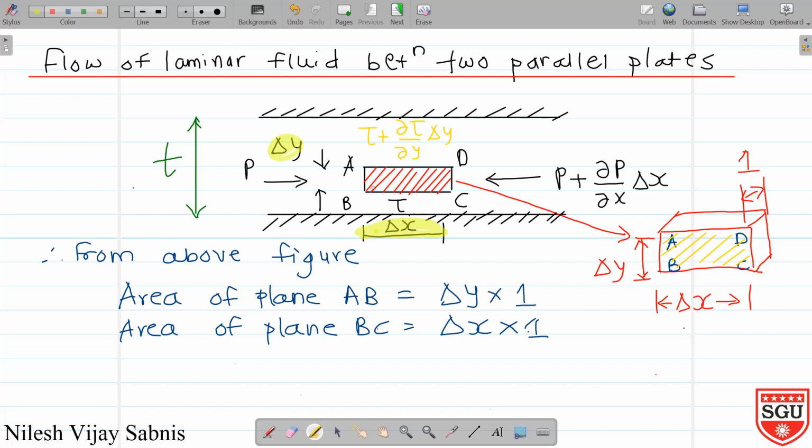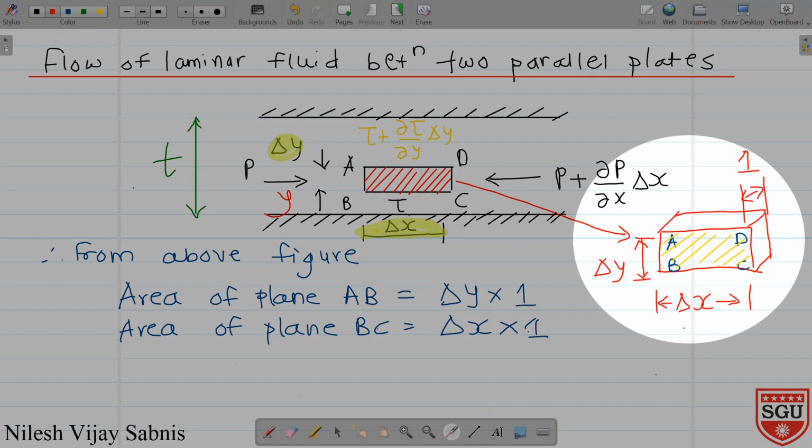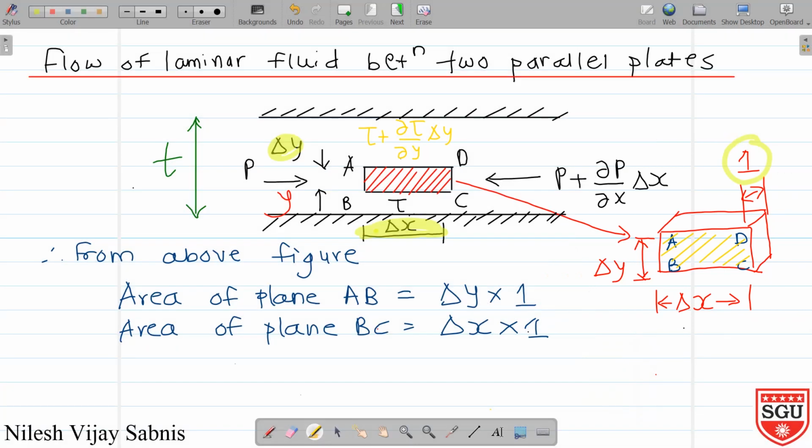This fluid element is situated at a distance of y from the bottom plate. This fluid element is shown in the large scale here. It has length delta x, height delta y and thickness inside the board is assumed to be 1. This 1 represents the unity.